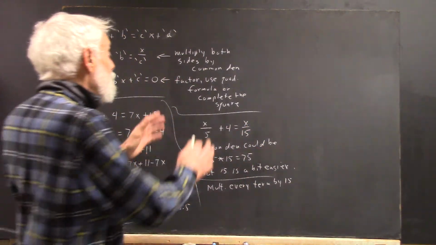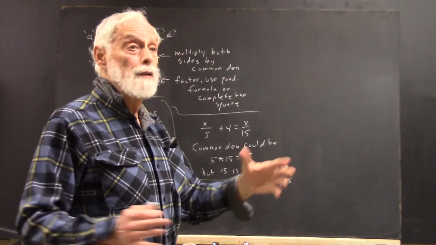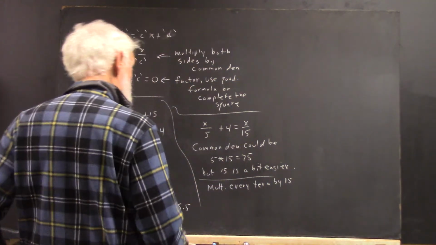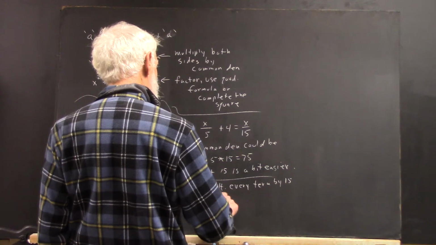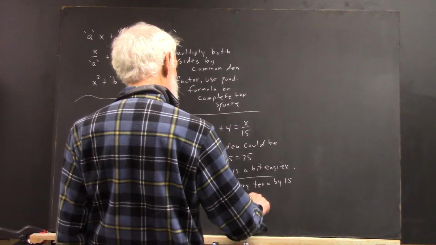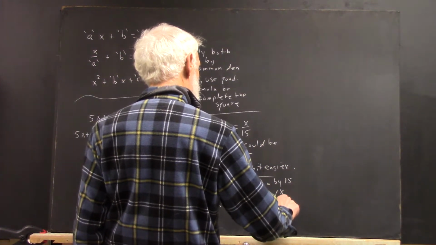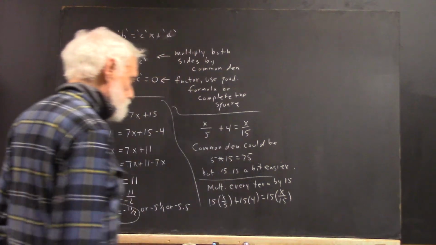If you multiply both sides by 15, you're multiplying every term on both sides by 15 by the distributive law. So, you do 15 times x over 5 plus 15 times 4 equals 15 times x over 15.